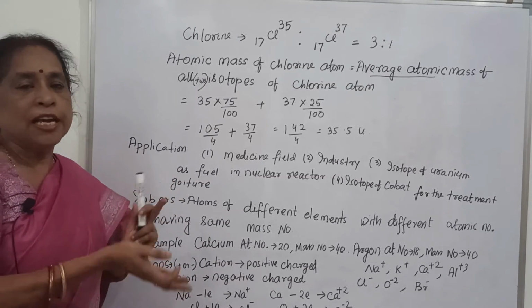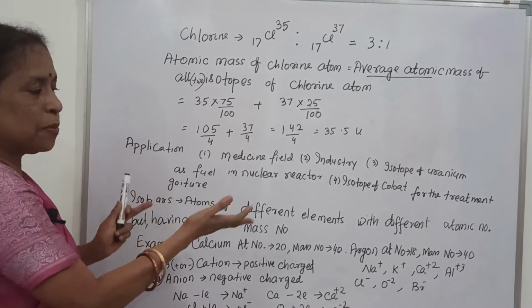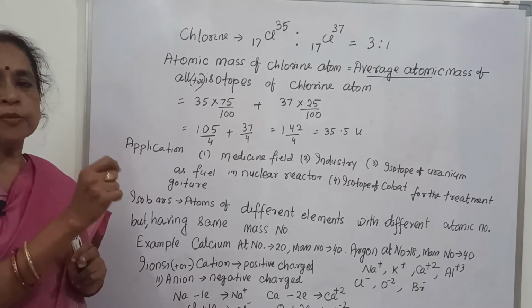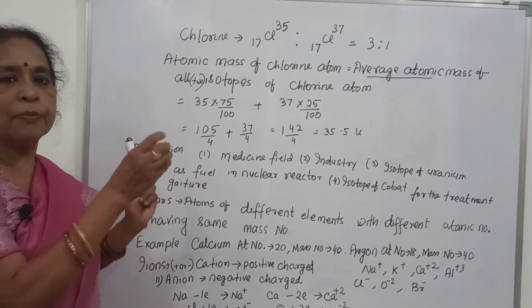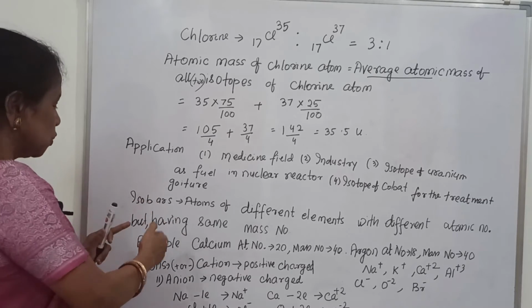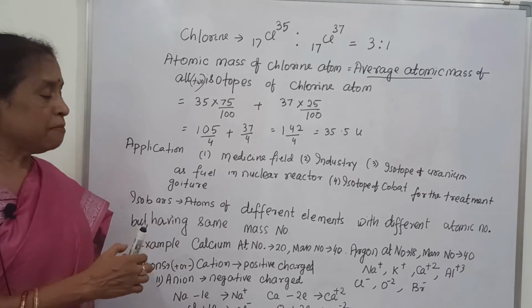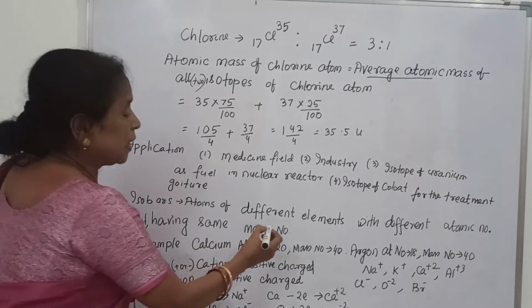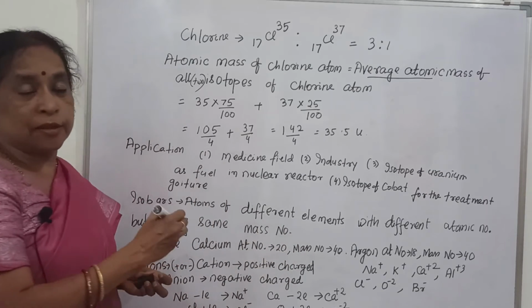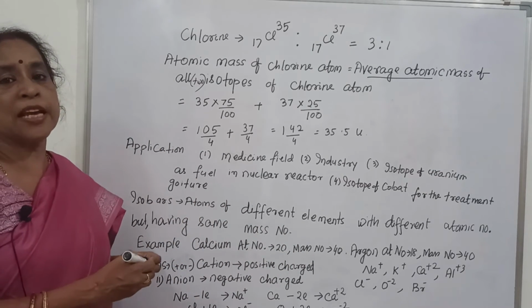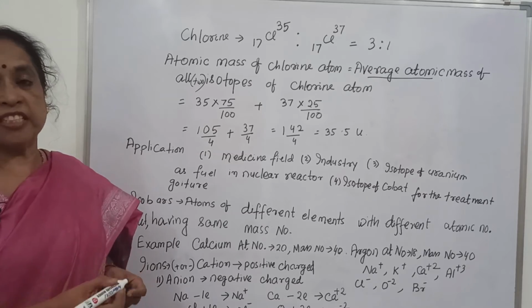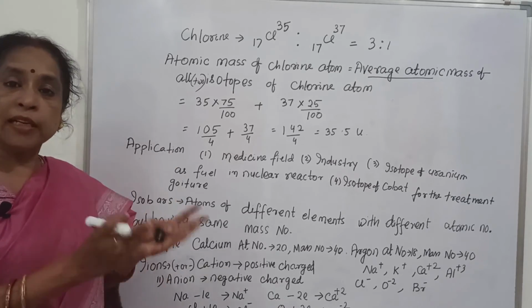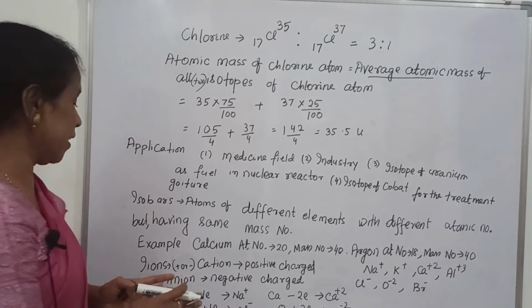It is sure that if there are different elements there should be different atomic numbers, because for a particular element a fixed atomic number is there. But having the same mass number, it is important that mass numbers remain the same but atomic numbers are different. Since the atomic number is different, that is why the elements are different.